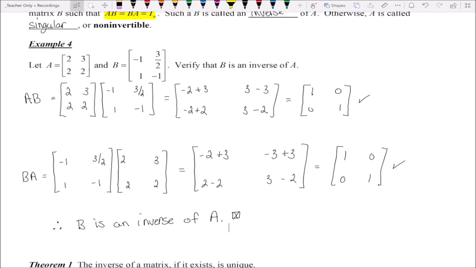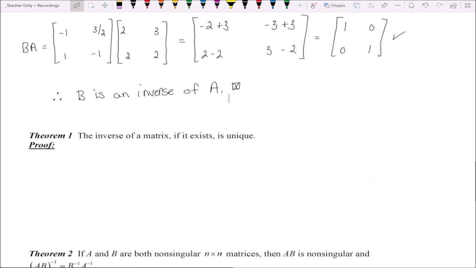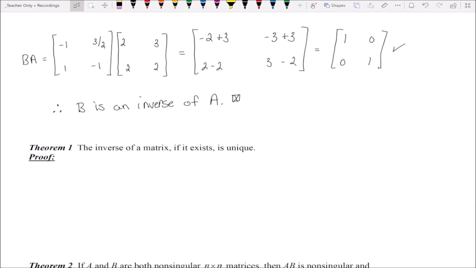We are now going to look at several properties of nonsingular matrices. First, the inverse of a matrix, if it exists, is unique. To prove this, we suppose that we have two matrices, B and C, that are both inverses of a matrix A. The idea is to show that B and C have to be the same.